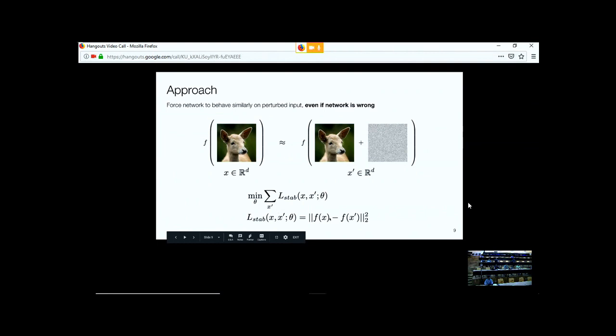You sample a lot of X primes, or maybe all of them, and then you train your neural network to minimize this Euclidean loss. We can think of this as doing a form of regularization of the neural network around this input X.